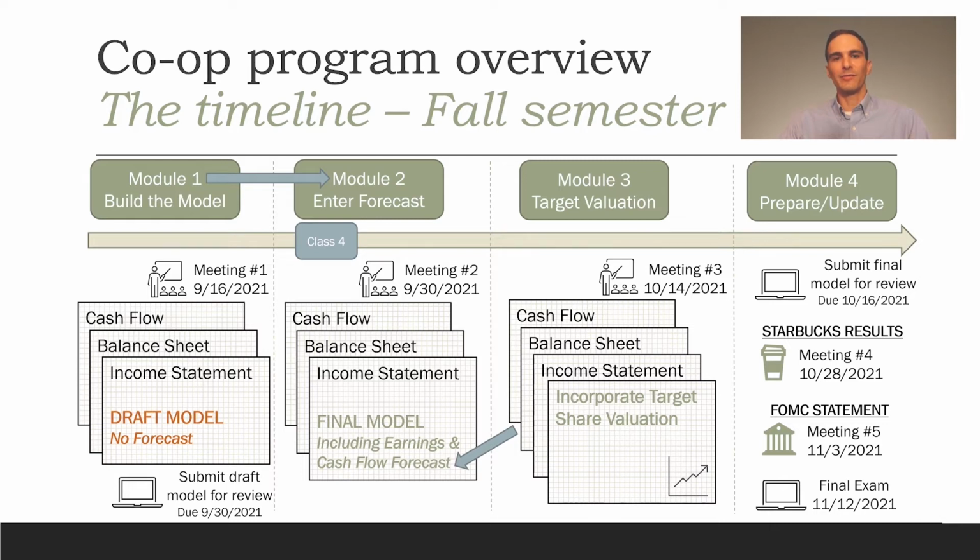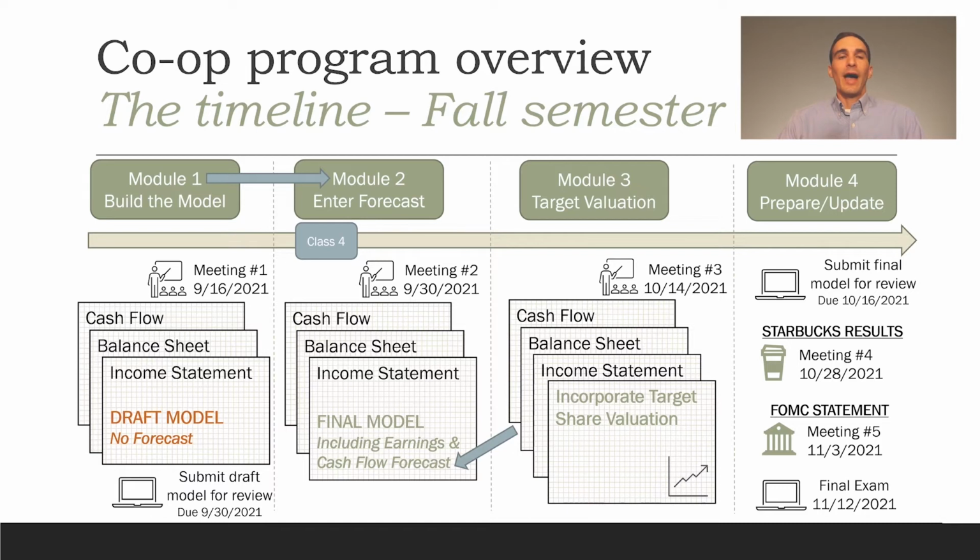For Starbucks, if you think about it, same-store sales will be one of the key factors that you'll use, and I'll show you exactly how that particular metric works. But you're going to actually be entering your forecast in at this point. So when you submitted your first model, it was just a draft. I would not be checking your forecast at that point. I just want to check to make sure that all of your equations and the structure of the model are sound before you move on.